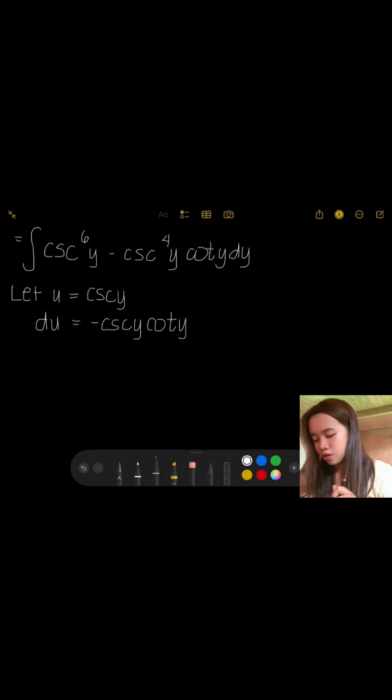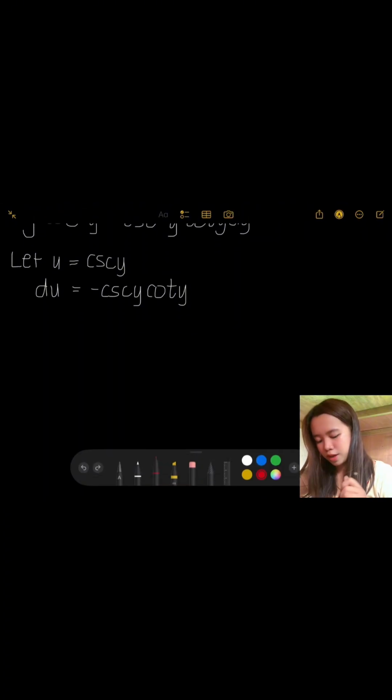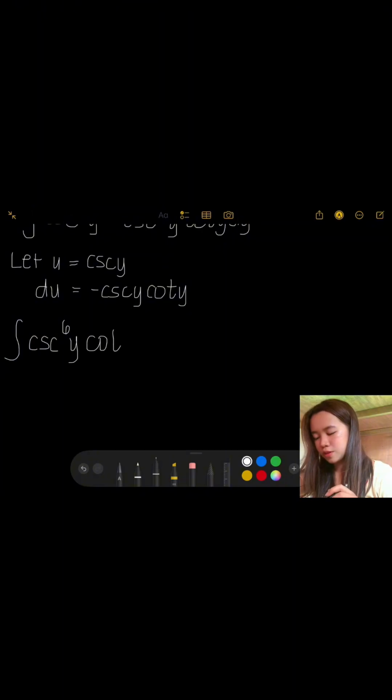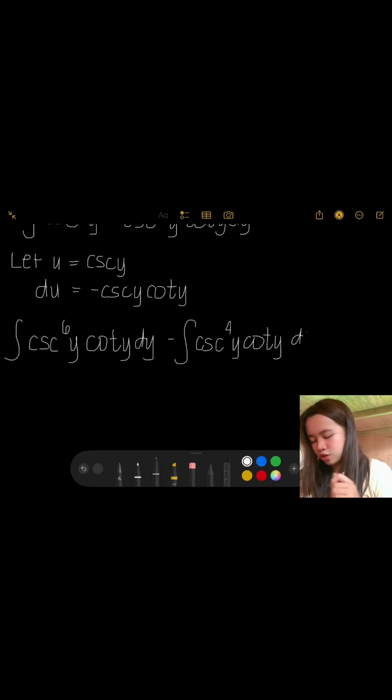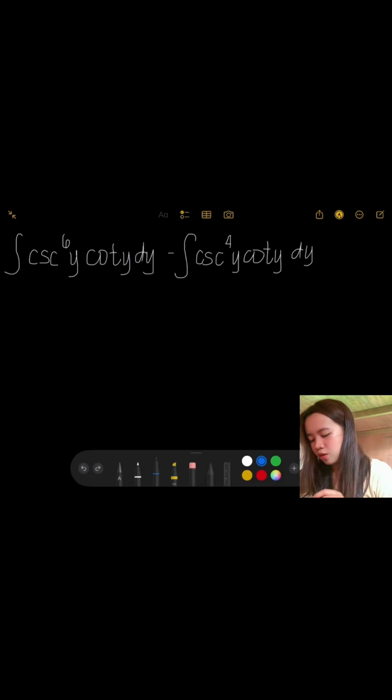So how can we transform this cotangent y into negative cosecant y cot y? So first we will separate this, since it is separated by subtraction. So the integral of cosecant 6 y cotangent y dy minus the integral of cosecant 4 y cotangent y dy.